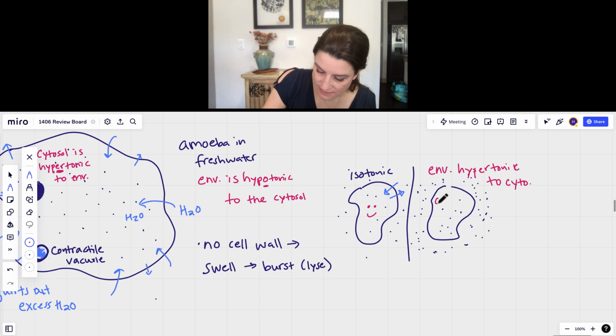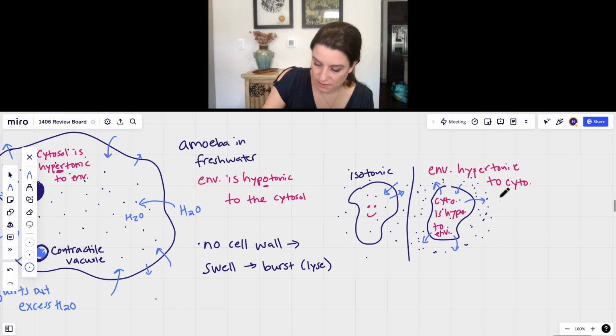Or we could say the cytosol is hypotonic to the environment. So where is it going to move? The water moves towards the more concentrated environment, which means some of it will move in, but more of it will move out. The net will move out. So in a cell without a cell wall, this means that the cell will shrivel and eventually die.